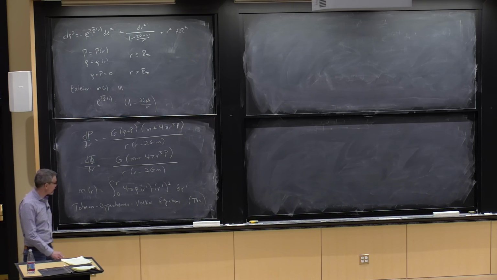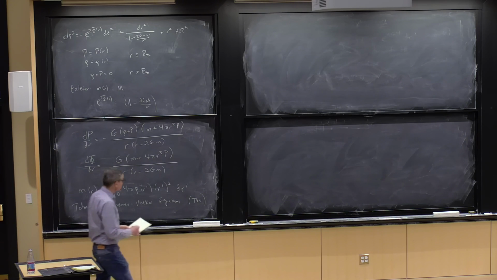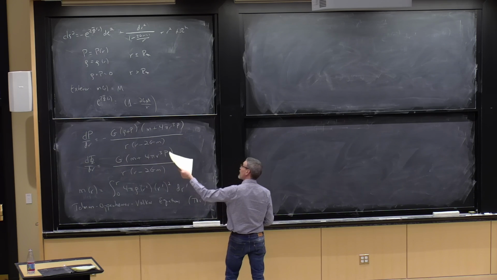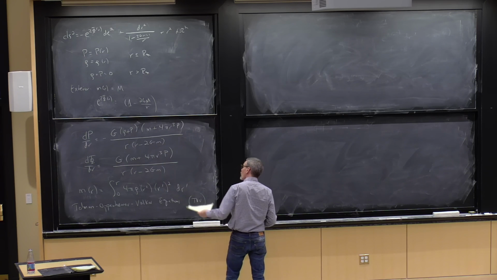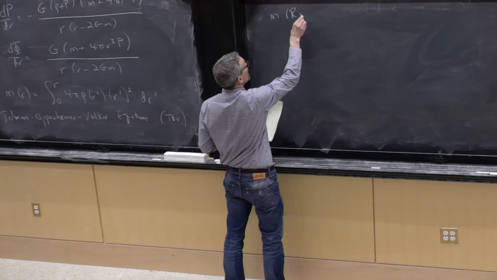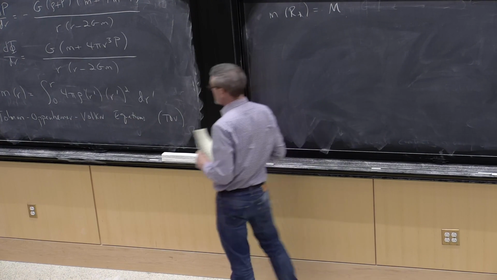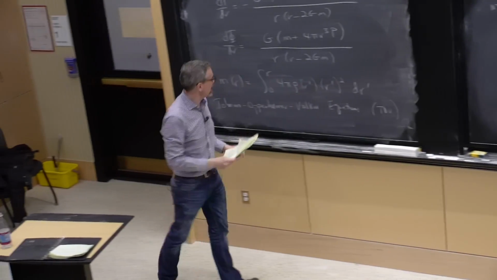These whole things taken together are called the Tolman-Oppenheimer-Volkoff equations, or the TOV equations. The one comment I was making was that we require m of r star to equal m, the total mass of this object. So that's another condition on this.